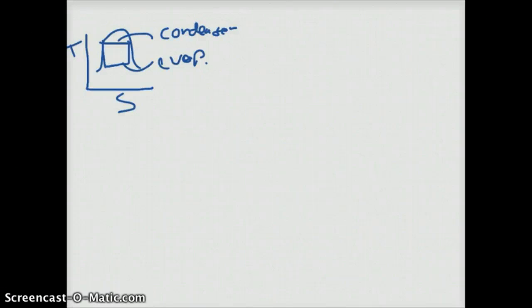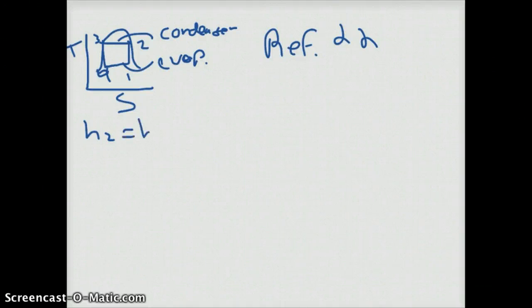So we know our substance is refrigerant 22. So 1, 2, 4, 3. Since our H2 is on the saturated vapor line, we get that H2 is equal to Hg.